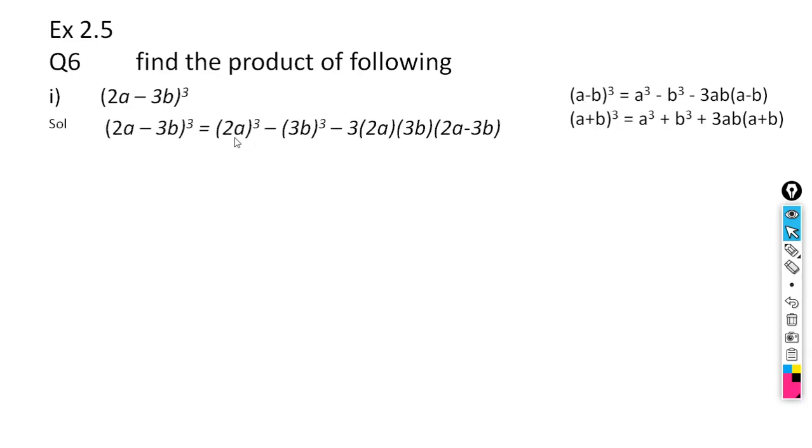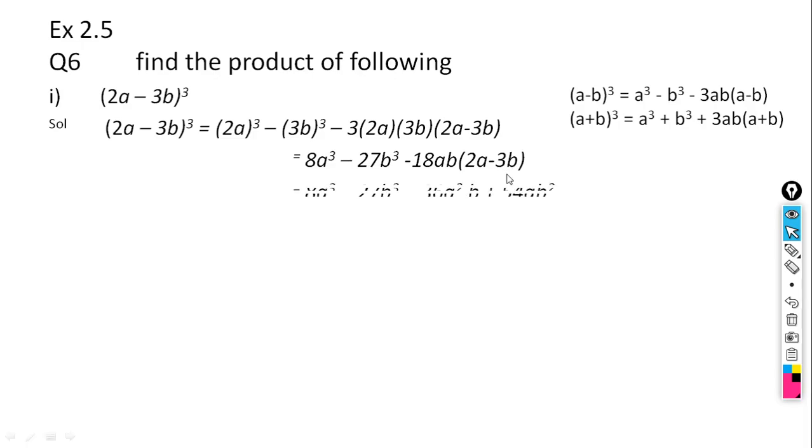When we expand, we get (2a)³ - (3b)³ - 3(2a)(3b)(2a-3b). Expanding further, (2a)³ becomes 8a³, minus 27b³, minus 18ab(2a-3b). By multiplying further, we get 8a³ - 27b³ - 36a²b + 54ab².